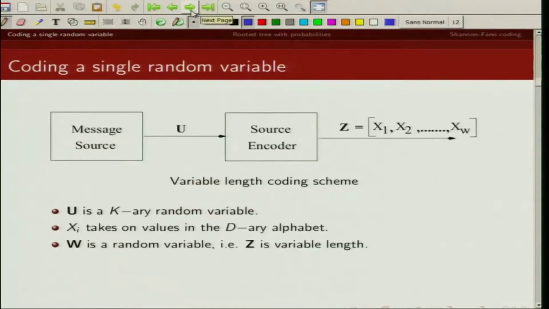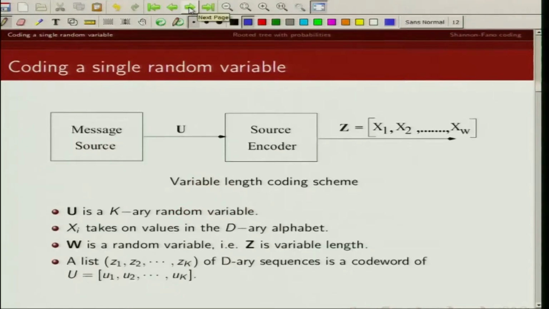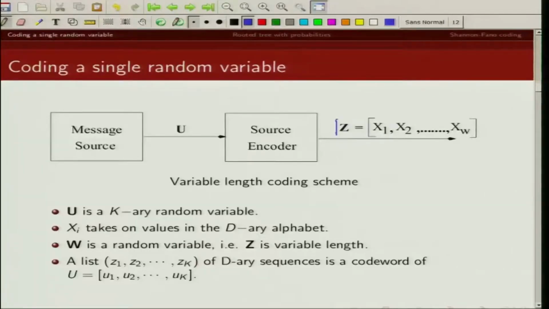So just to refresh your memory, we were considering this problem. We had a message source denoted by u, which is a k-ary random variable, so it takes k different possible values, and we want to encode this source into code words z, which are of variable length, and w denotes the length of the code word z, and the expected value of w gives us a measure of average code word length.